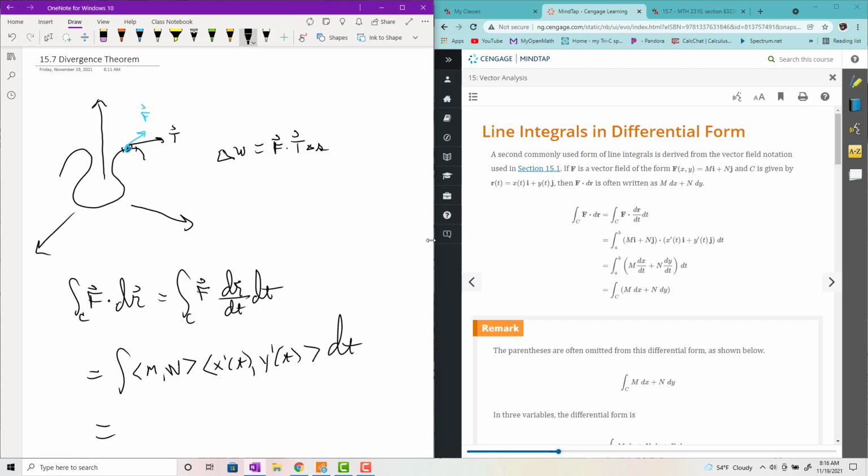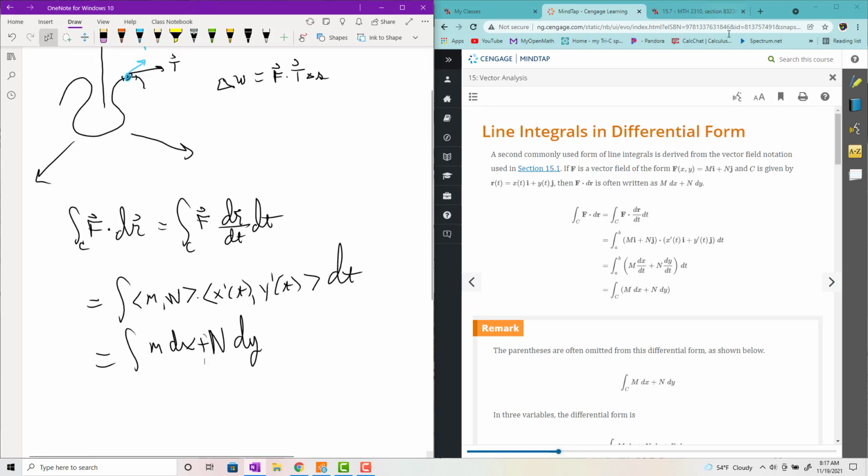And if you took the dot product there, you would get M times the derivative of x with respect to t plus N times the derivative of y with respect to t. But if you thought of distributing, the dt parts would cancel, and you get M dx plus N dy. Okay, so that's where we were in that section, and I think that's all we need for our part of the story here.